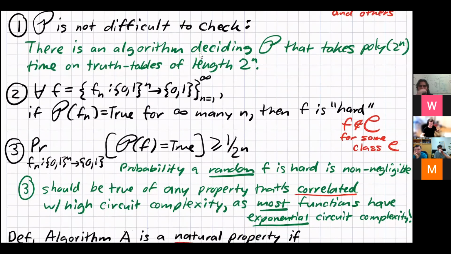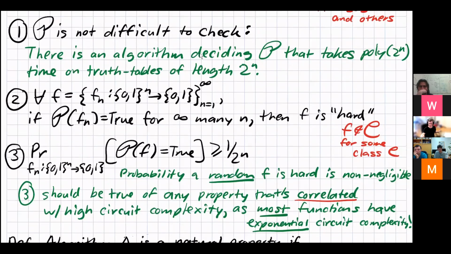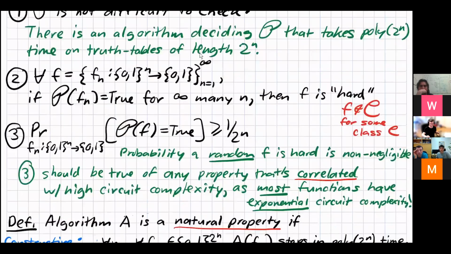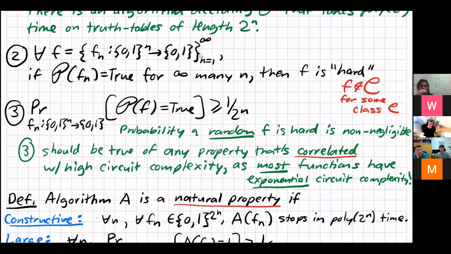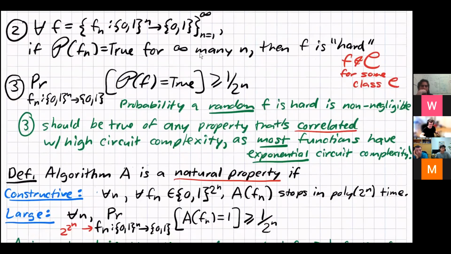All right, so these are the common kinds of properties. There's some algorithm deciding the property. If the property is true for infinitely many n, the function is actually difficult, and a random function is going to be considered hard. The property would be true of it. All right, so this leads us to this definition of a natural property.